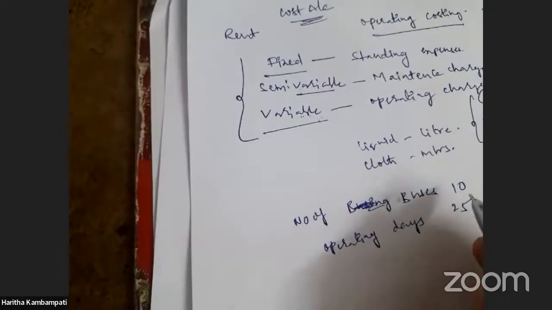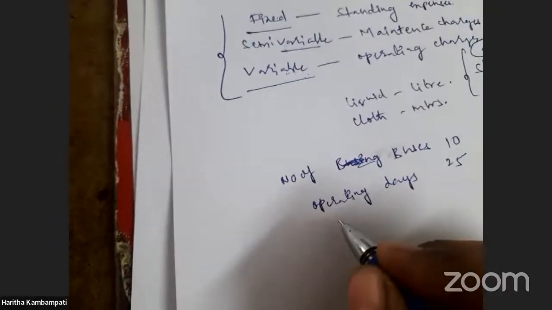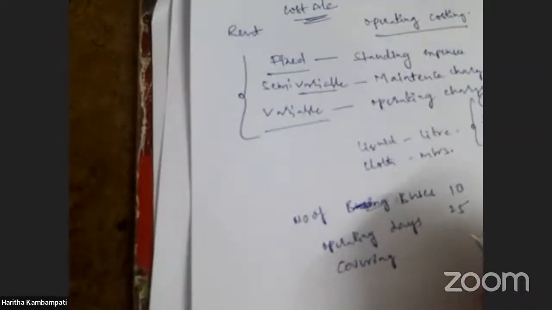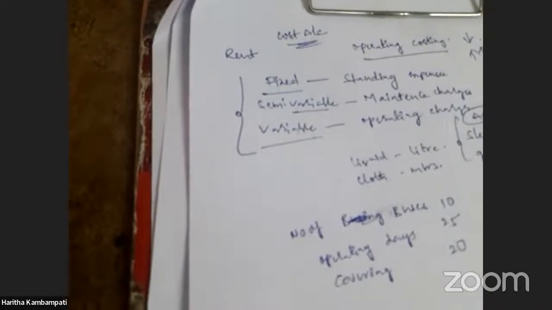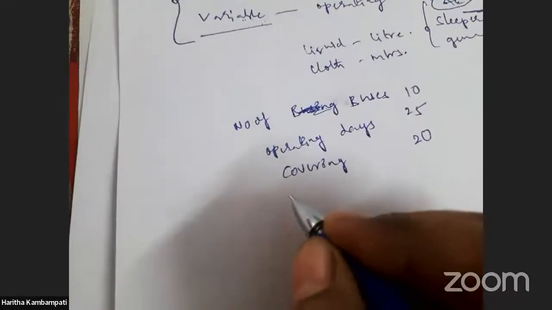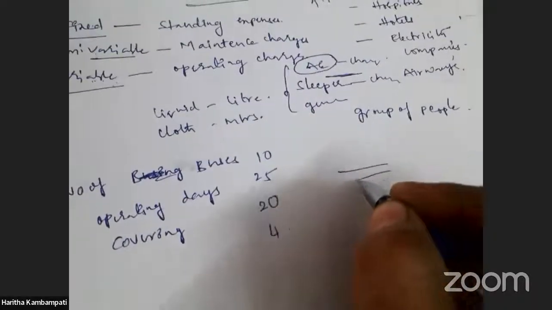In 25 days, these 10 buses are covering a route consisting of 20 kilometers each bus. Each bus is traveling 20 kilometers. And they are making 4 round trips, to and fro.